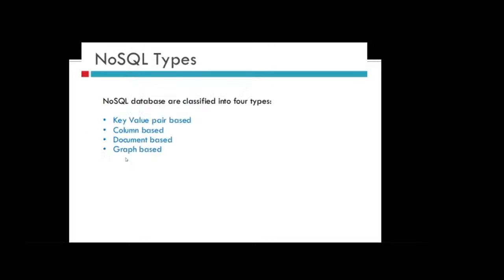Moving on, as I said earlier, there can be many different ways of using a NoSQL database. Here it has been classified into 4 types: key-value pair, column-based, document-based, graph-based. Let's start with key-value pair.